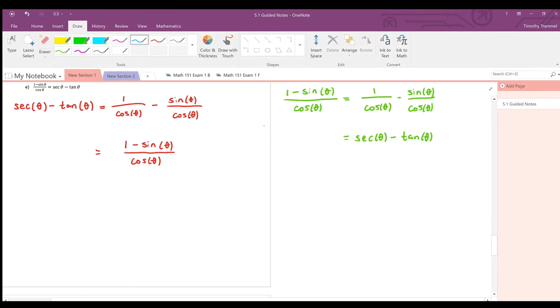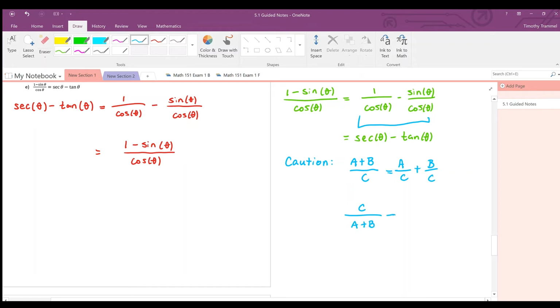Before we move on, I want to caution you of one thing, and that is, while you can split up the numerator like we did in this example here, of course ours was subtraction, but whether this is addition or subtraction, you can use this idea where you can split that numerator up. It is unfortunately not true, though, if we had a, say, sum or difference in the denominator.